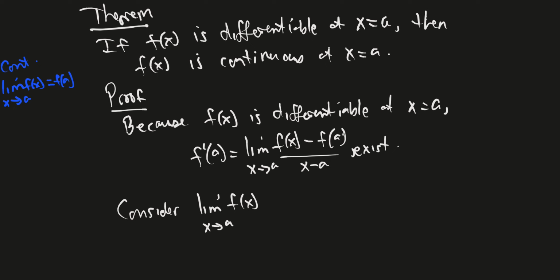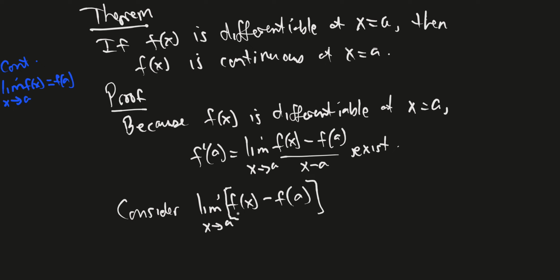And at some point we have to use this limit, right? So in fact, let me modify this slightly. What I'm going to show is that this limit is equal to 0, right?